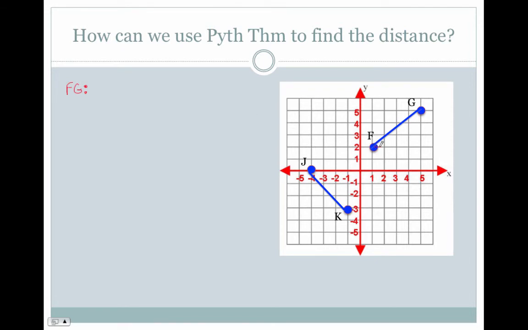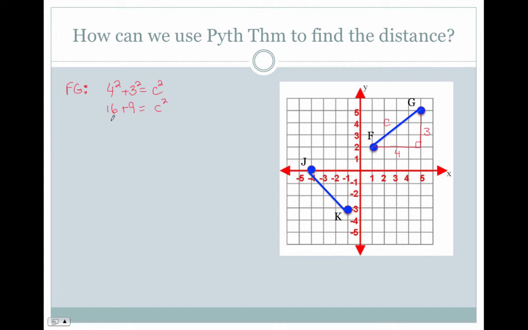If we draw this little right triangle, this side is 4 and this side is 3, and these are the legs. So if I do leg squared plus leg squared equals hypotenuse squared, we'll call this guy C, I'm going to get the same answer I got on the last slide.